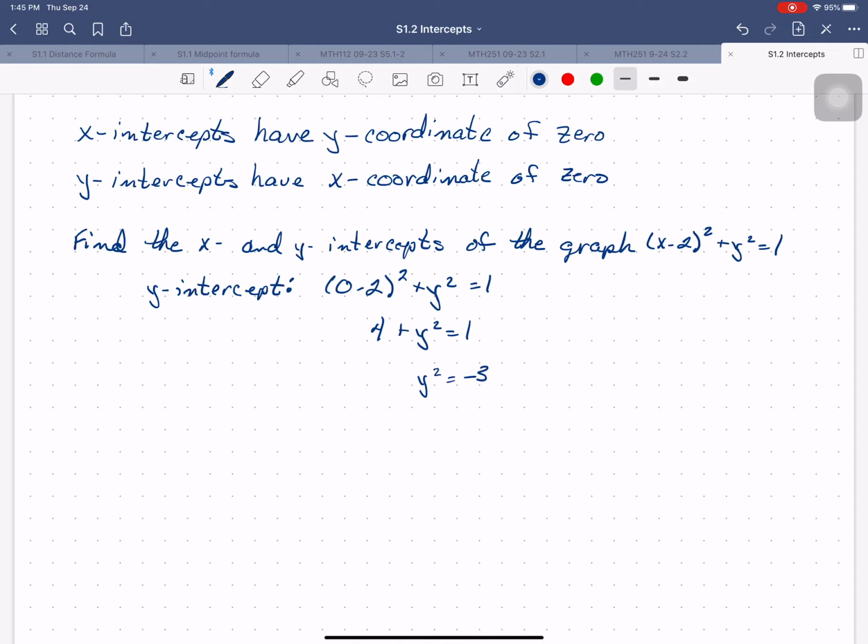Now, under the real number system, that means that y would be the square root of -3, which is not a real number. We'll talk more about that later. But what this means is that there are no y-intercepts.